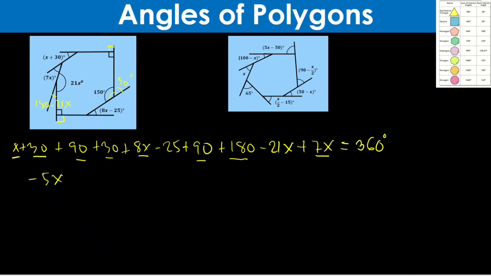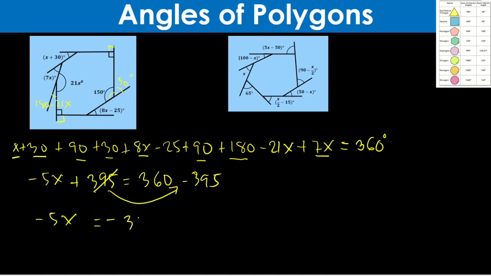That gives us 395. It's equal to 360. Now let's move this to this side. Get the 5x equals minus 395. It's gone already. So this is negative 35. And we divide negative 5 both sides. It gives us x equals 7.